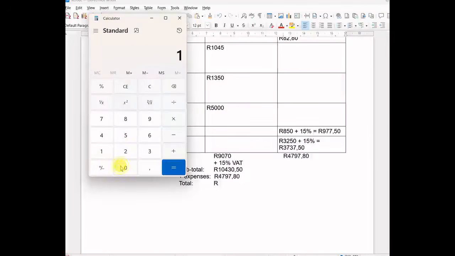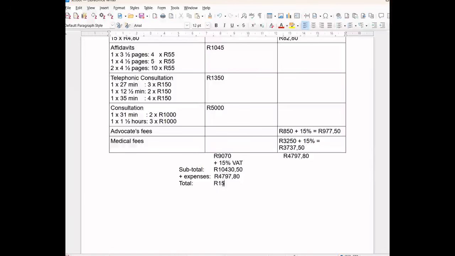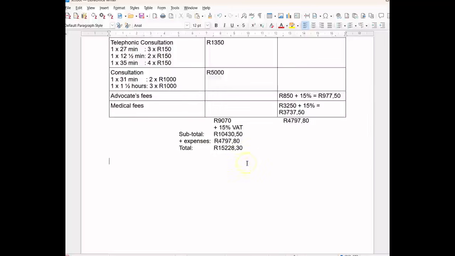So it's 10,430 Rand and 50 cents plus 4,797 Rand 80 for a grand total of 15,228 and 30 cents. 15,228 and 30 cents. So this would be the total due.